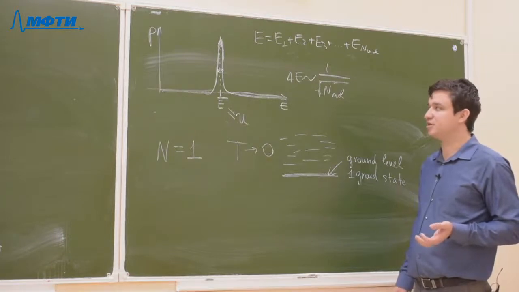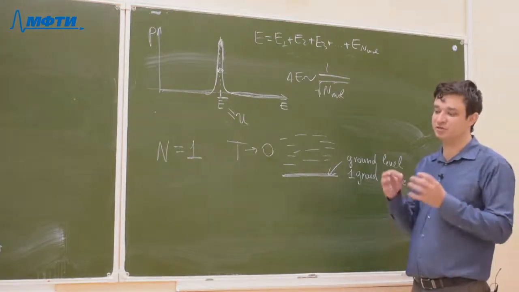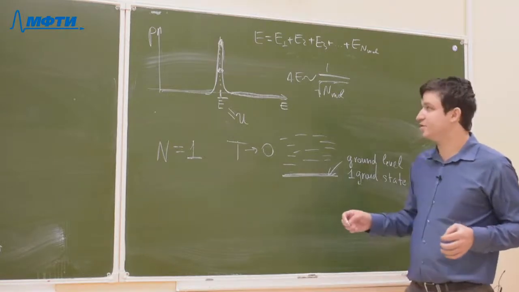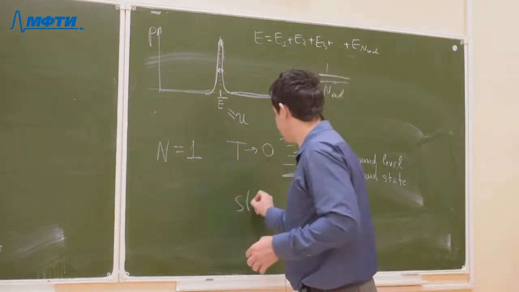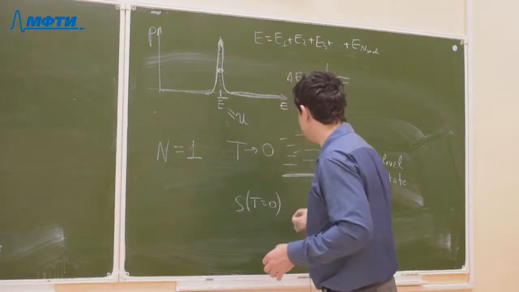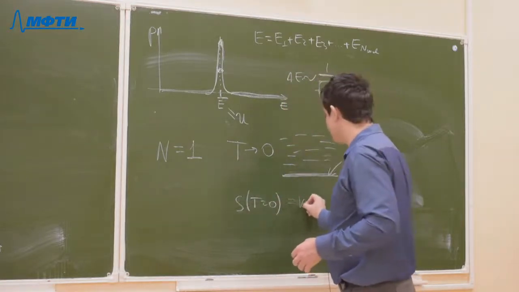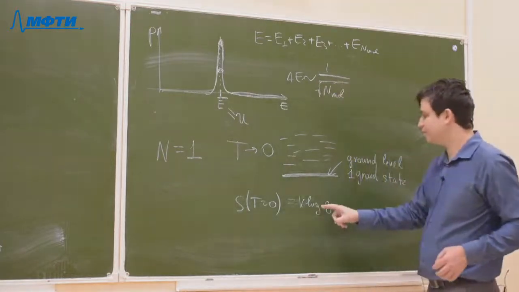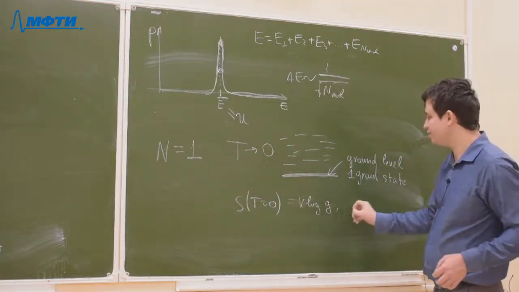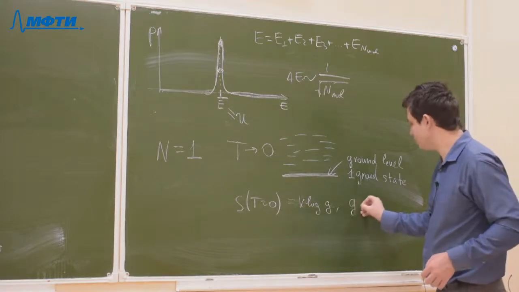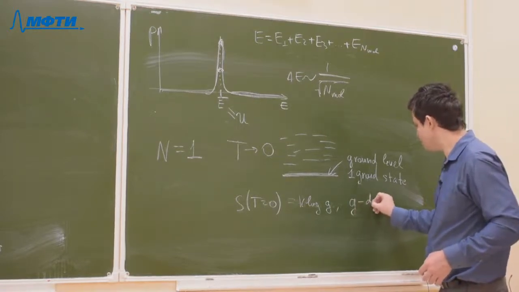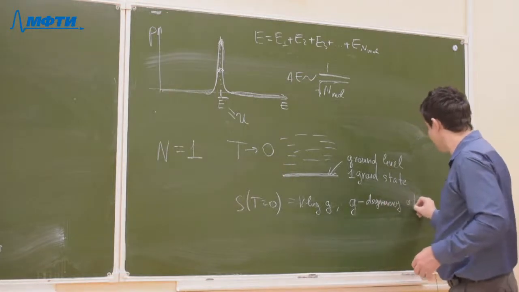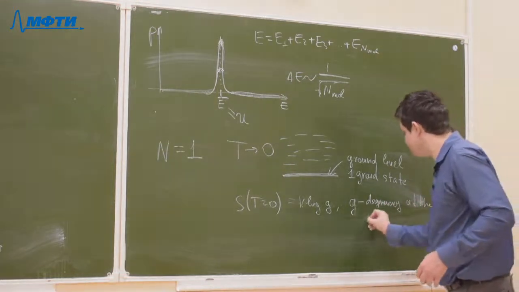But that means that for these particular systems, for this very limited number of systems, we can say that entropy at zero temperature is equal to k natural log of g, where g is the degeneracy of the ground level.